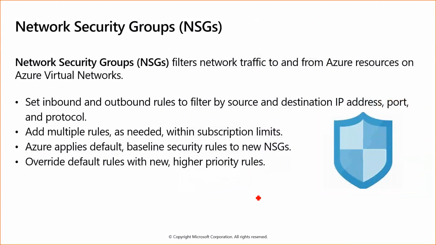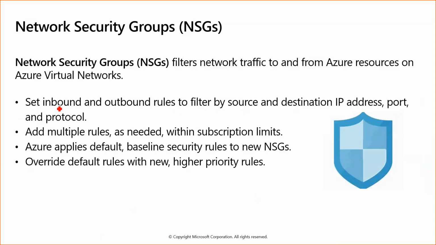So what is a network security group? A network security group filters network traffic to and from Azure resources in an Azure Virtual Network. As the name suggests, it is a grouping of network traffic rules using which we can filter the network coming in and going out from any of the Azure resources in the virtual network. It sets inbound and outbound rules to filter by source and destination IP address, port, and protocol.